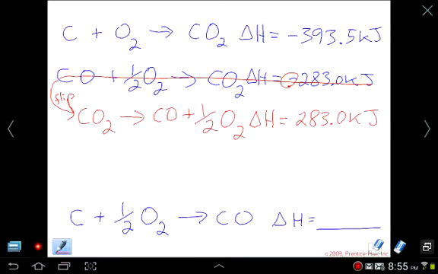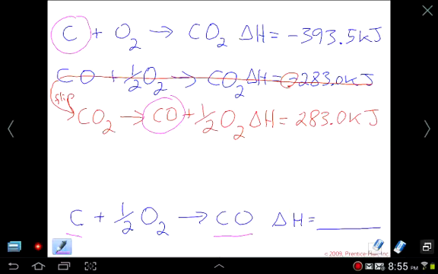Now what you'll see is that everything cancels out to give us our final equation. Our carbon is on the left side, our carbon monoxide is on the right side, and we have half of an oxygen on the left side.